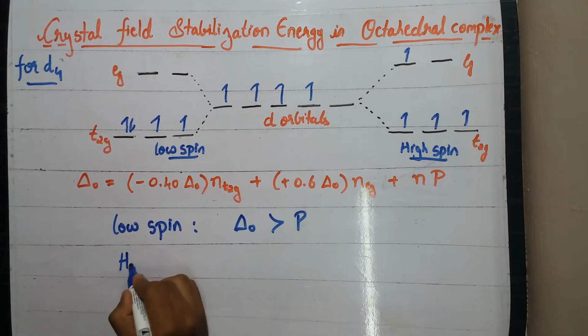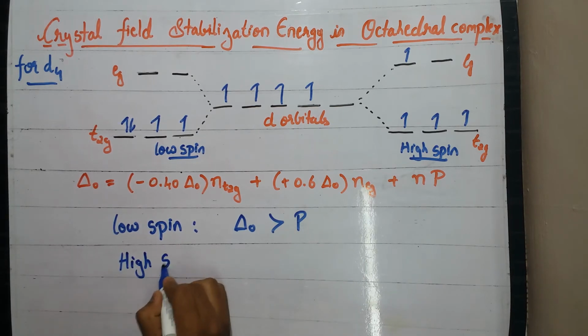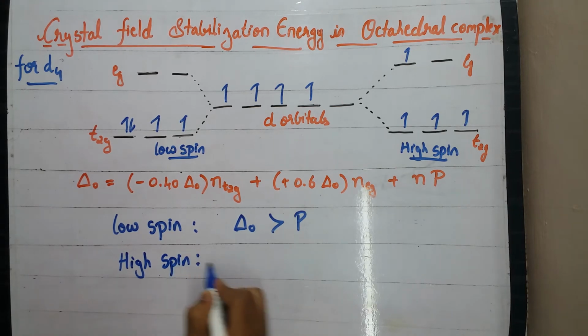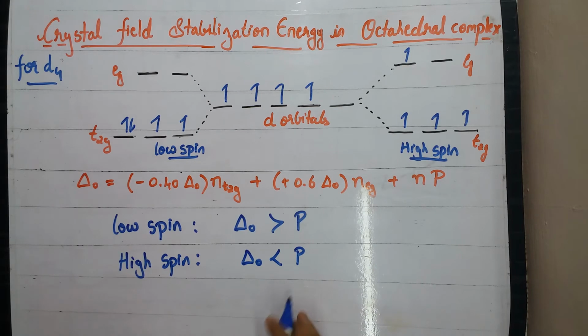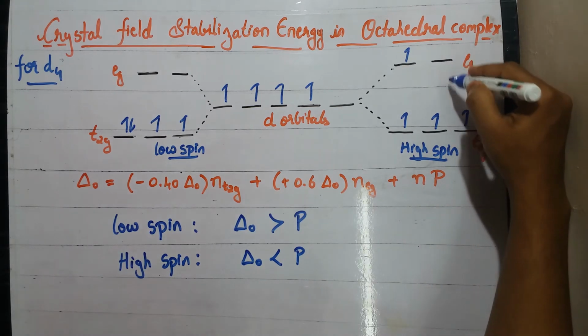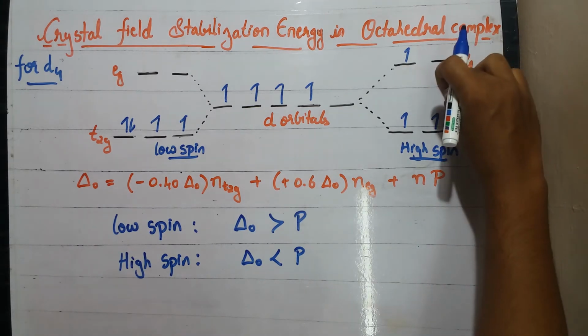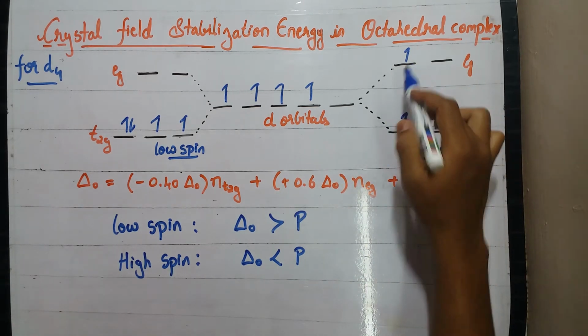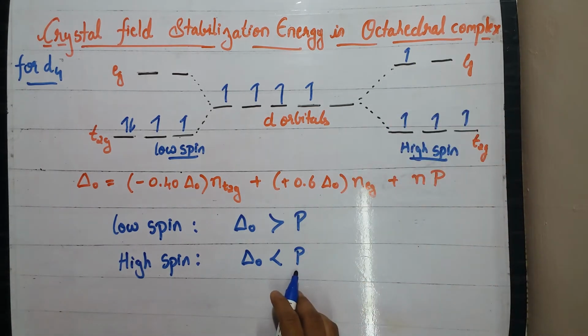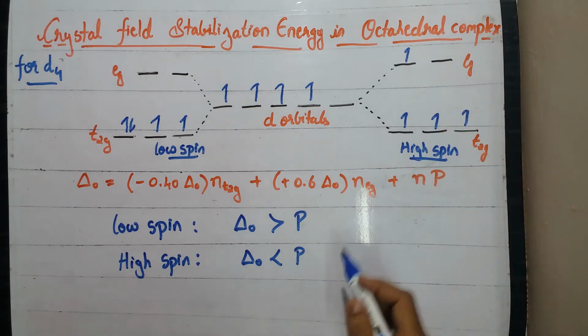For high spin, the delta naught is less than the pairing energy. Here the energy difference is low, so the electron can be easily added to the Eg orbital. Here the pairing energy is high, so the pairing of electrons needs more energy.